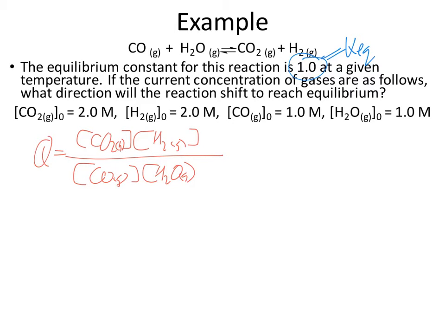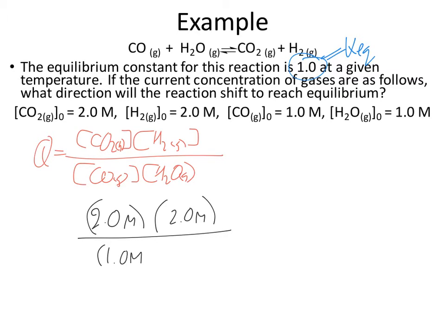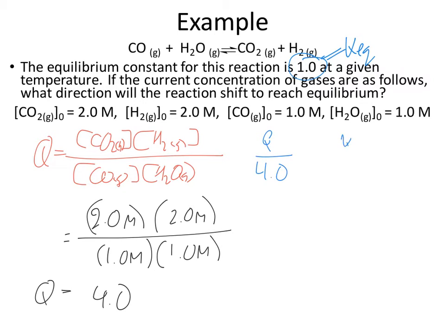CO2 is 2.0 molar multiplied by H2, which is 2.0 molar, divided by 1.0 molar multiplied by 1.0 molar. If we do this all out, we get 4.0, and that's our Q value. So once again, our Q is going to be 4.0, and our K equilibrium is going to be 1.0.